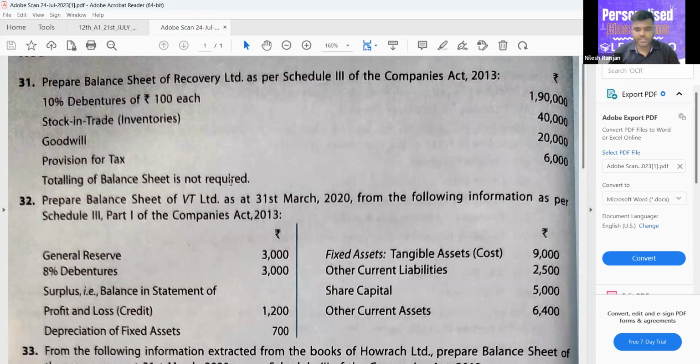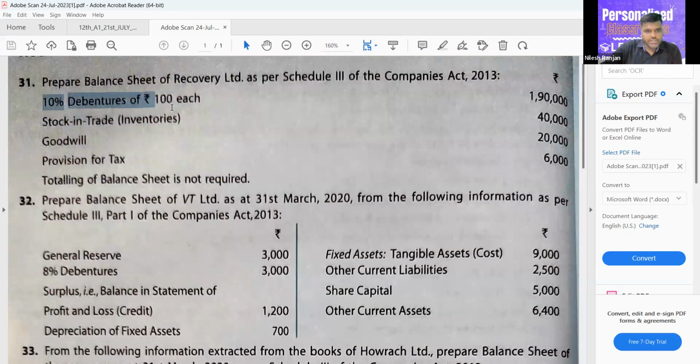Yes, sir, it is visible. The first question is to prepare the balance sheet. The totaling of the balance sheet is not required. It is given here.